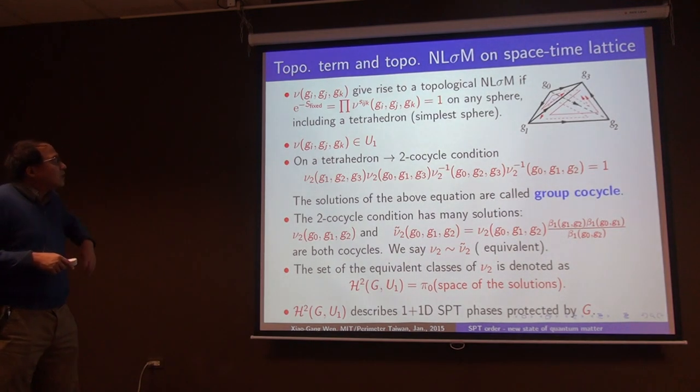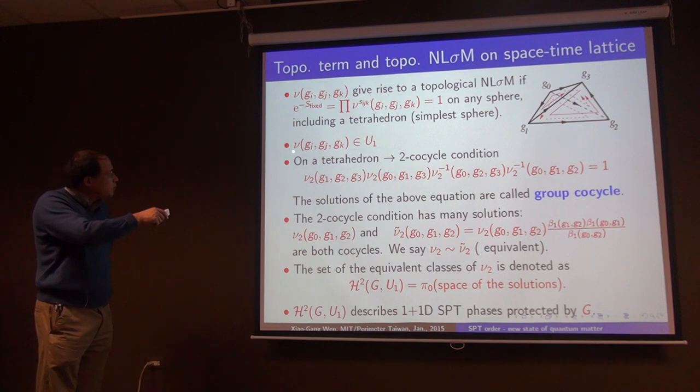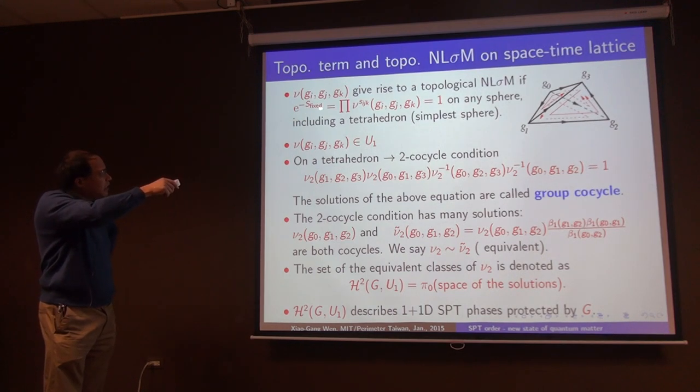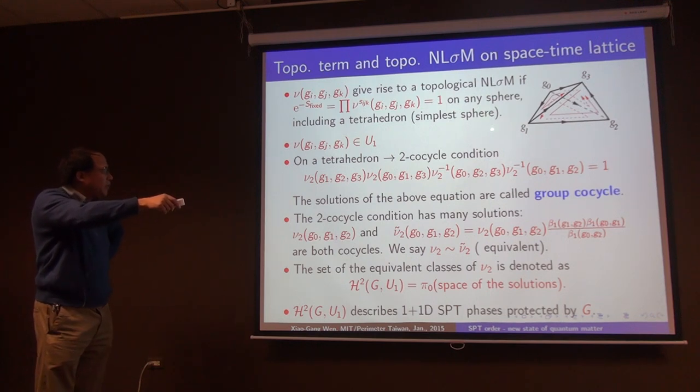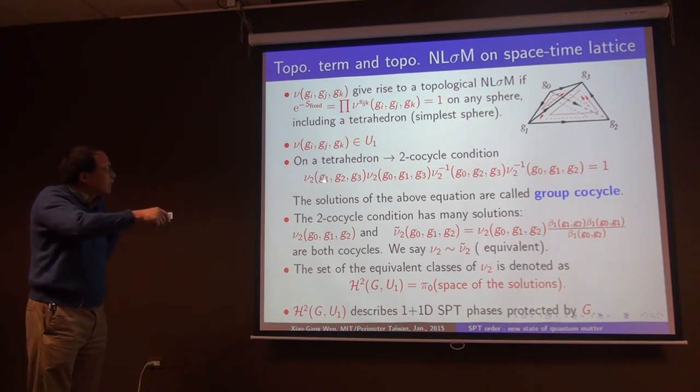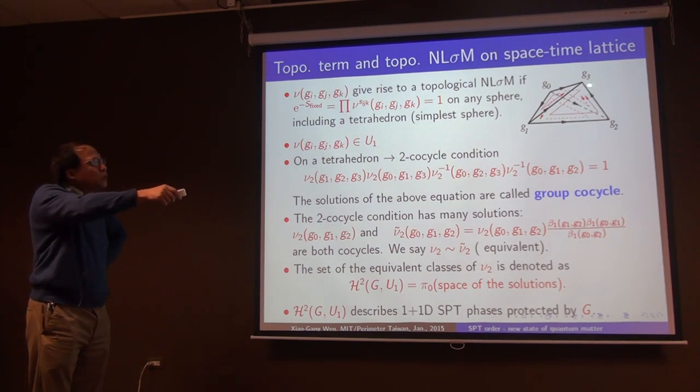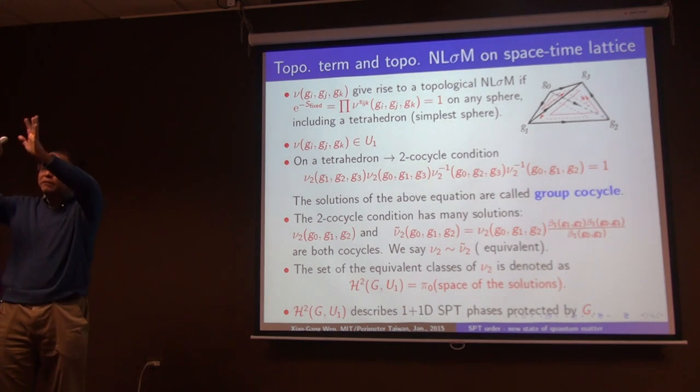Okay. And then after assuming nu is a pure phase, and assuming nu has this symmetry condition, the condition that the action amplitude equals 1 on any sphere can lead to this result, because the simplest sphere is the tetrahedron. You know, the tetrahedron is the simplest two-sphere. It has 4 triangles.